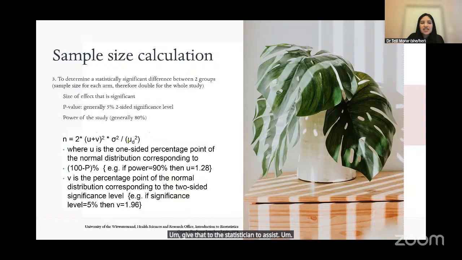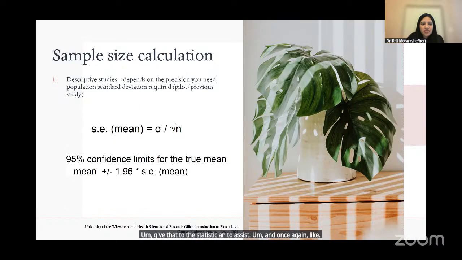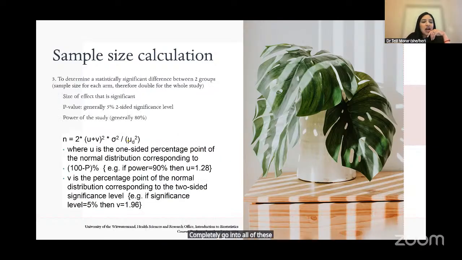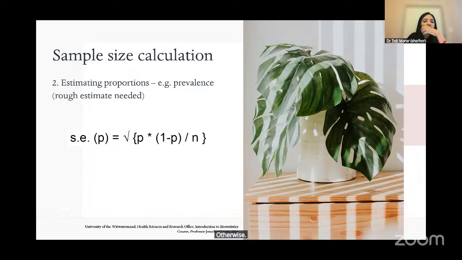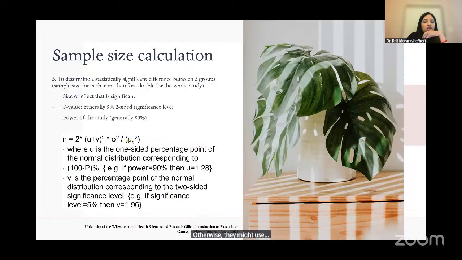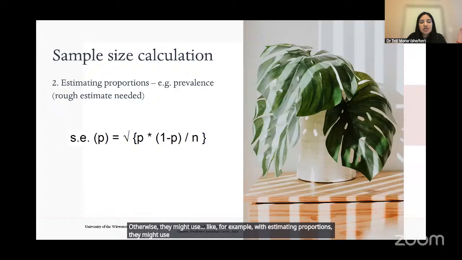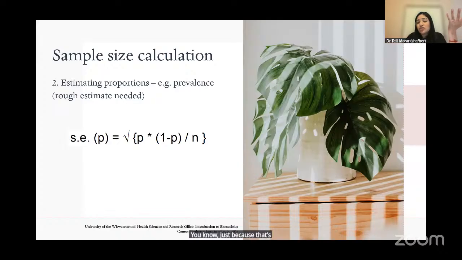And once again, sorry, I just don't have time to completely go into all of these formulae, but this is basically what you need as the clinician to go to the statistician with. Otherwise, for example, with estimating proportions, they might use a 50% prevalence rate, just because that's what you do if you have no idea.